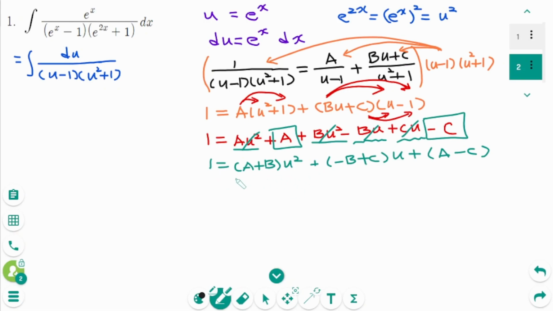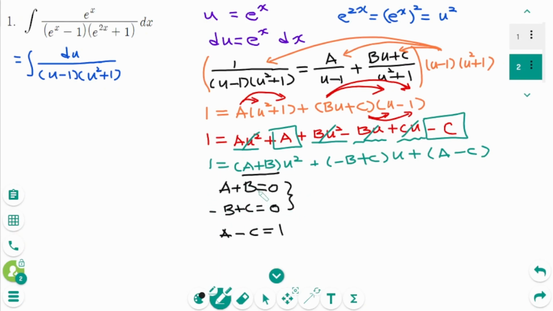We equate coefficients. We get the system. There is no u squared term on the left hand side, so a plus b equals 0. There are no u terms, so minus b plus c equals also 0. Then the constant term: a minus c equals 1.